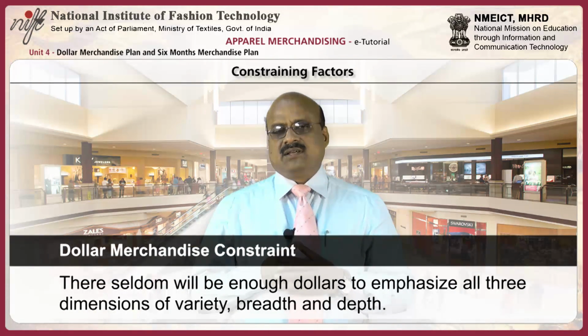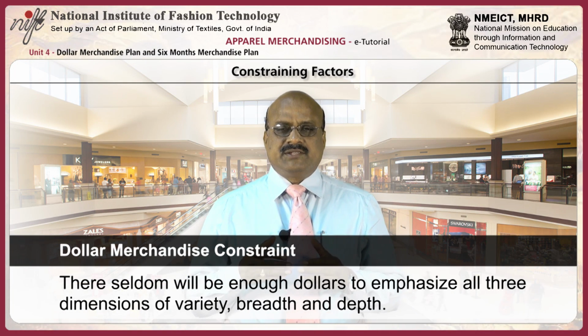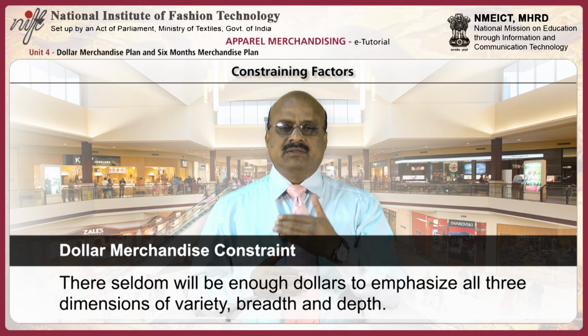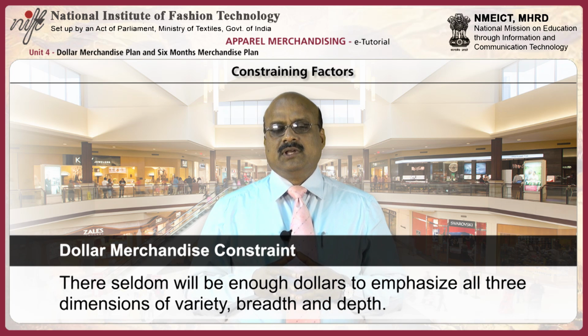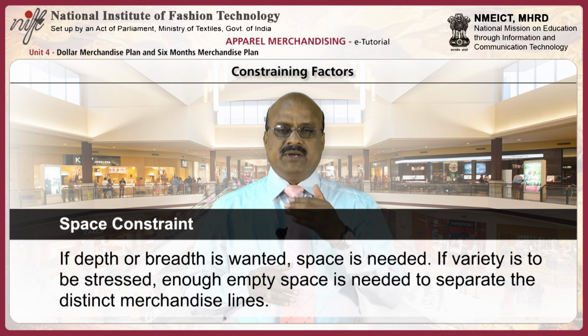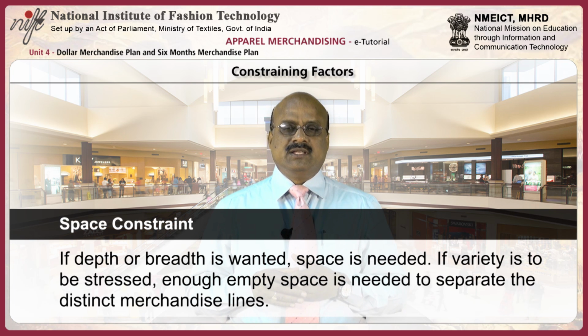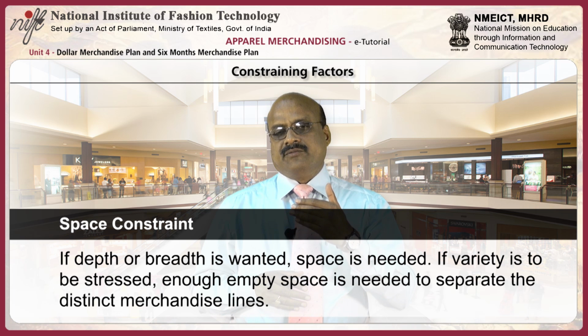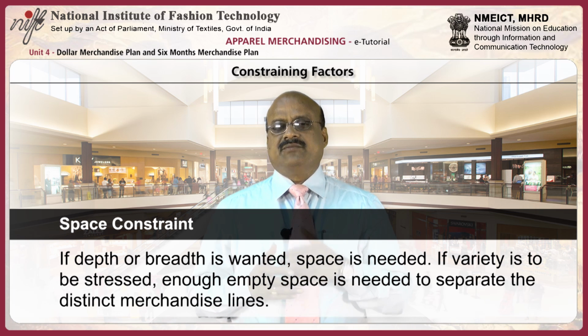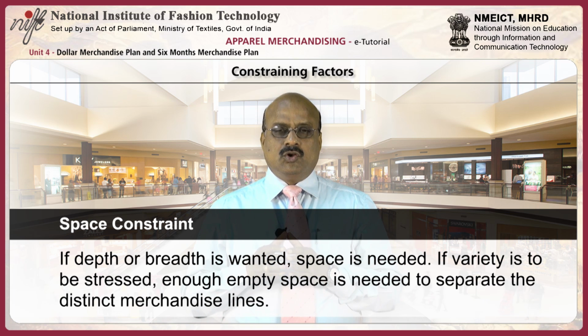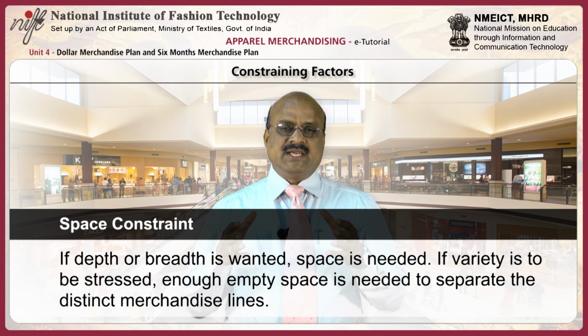Dollar merchandise constraint: there seldom will be enough dollars to emphasize all three dimensions of variety, breadth, and depth. Space constraint: if depth or breadth is wanted, space is needed. If variety is to be stressed, enough empty space is needed to separate the distinct merchandise lines.